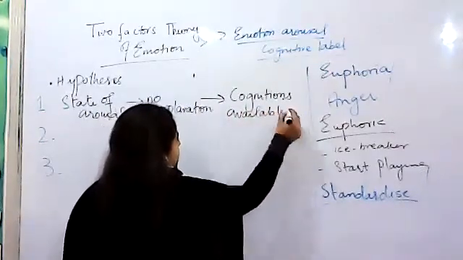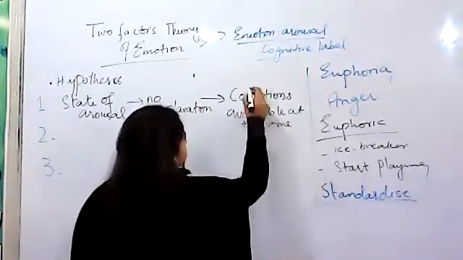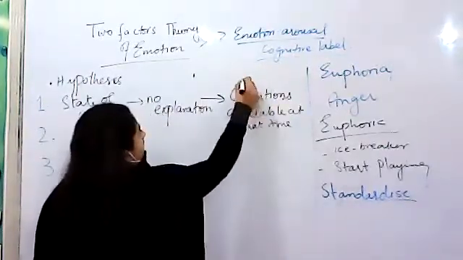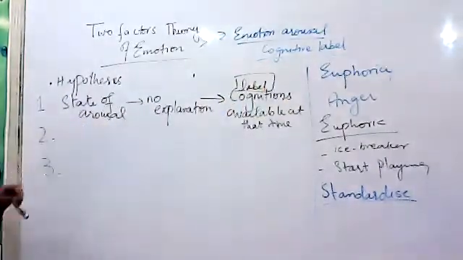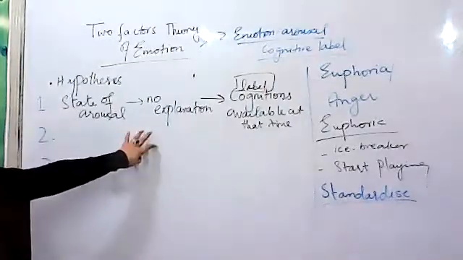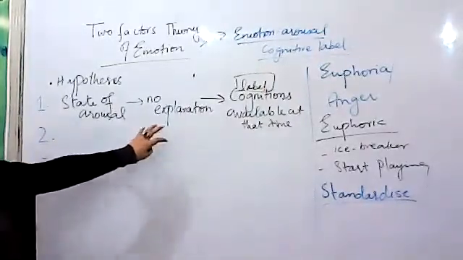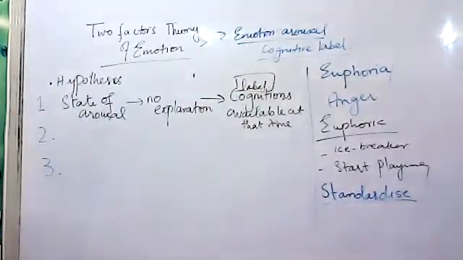What does it mean? Whenever you have a state of arousal for which you don't have any explanation, the person is going to label the emotion as per the cognitions available to the participant at that specific time.